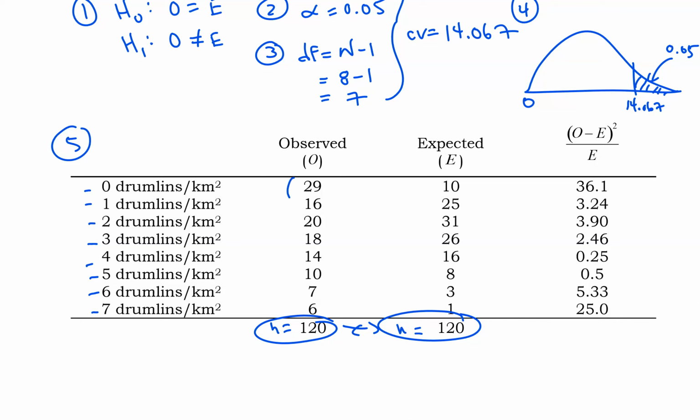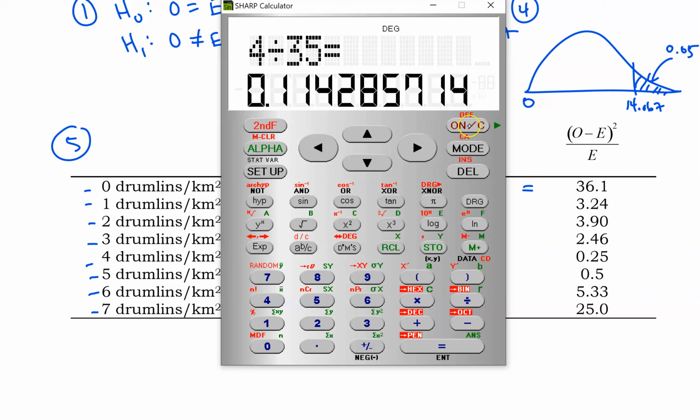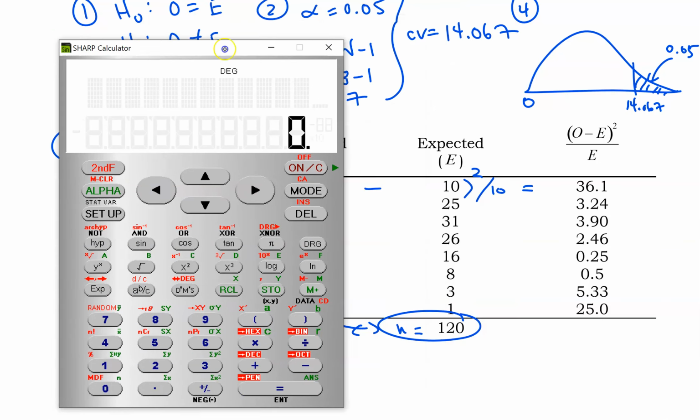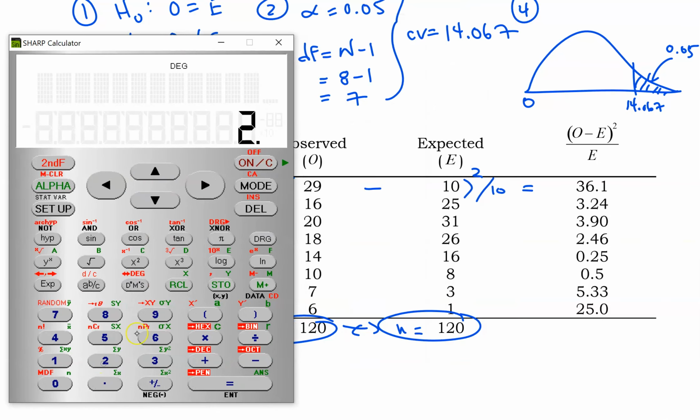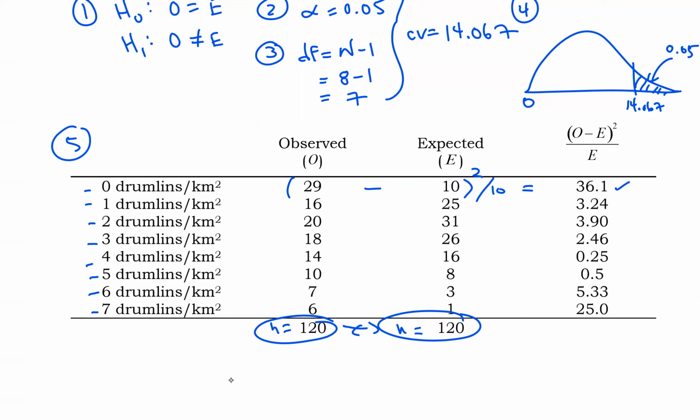So it would be 29 minus 10 squared divided by our expected value of 10. We could do that in our calculator if we wanted to. 29 minus 10. Make sure you hit equals there to get a value. Then you can square it and divide by 10 in this case, so divided by your expected value. That's how we're getting it for each of our categories.